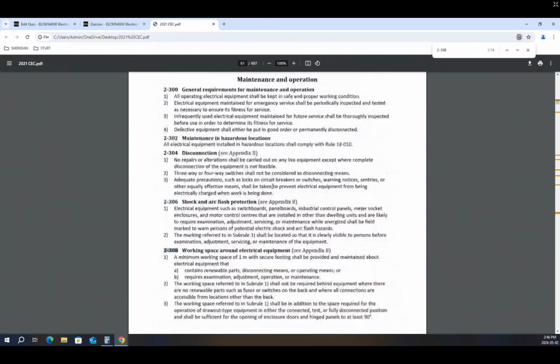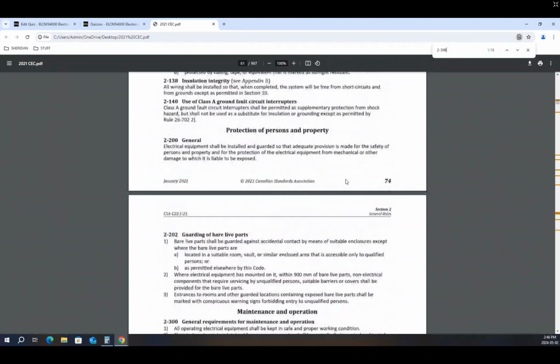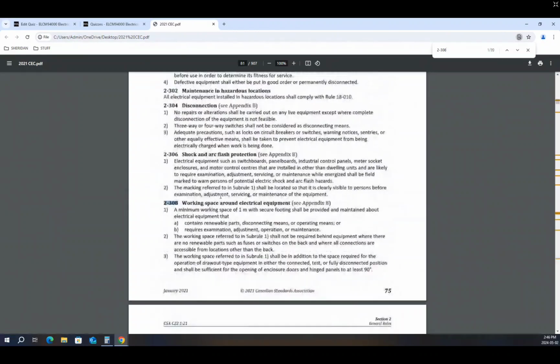Working space around electrical equipment. We're under the general section. Minimum working space 1 meter.